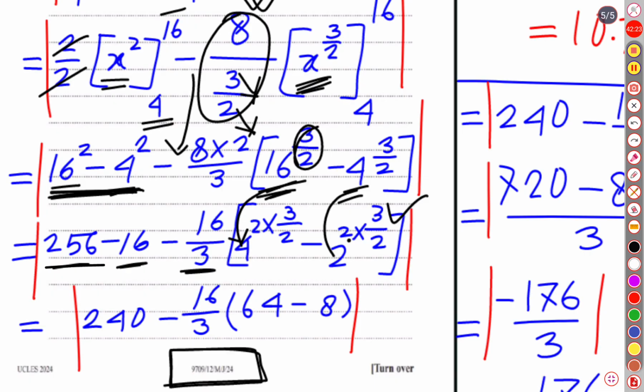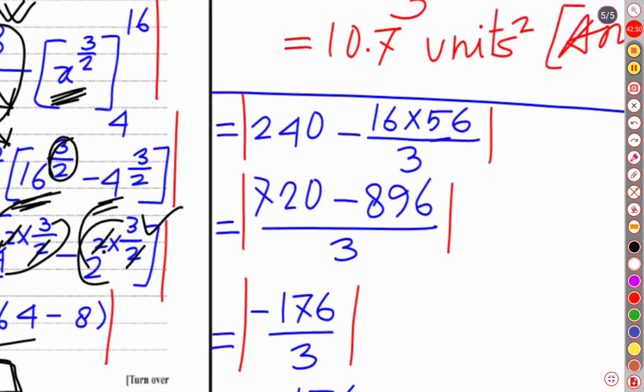So from 256, if we subtract 16, it is going to be 240, and 3 over 16 unchanged. And these two exponents can cancel out each other, so there remains 4 cubed. 4 cubed means 64, and the same goes here, so 2 cubed means 8. If we simplify this, it has been written just beside this. Let me show you.